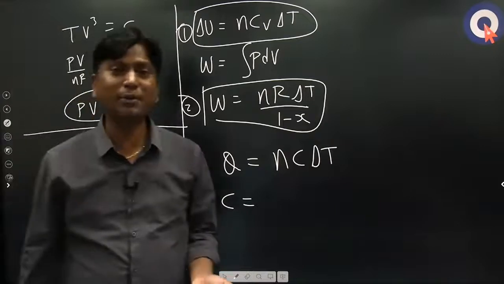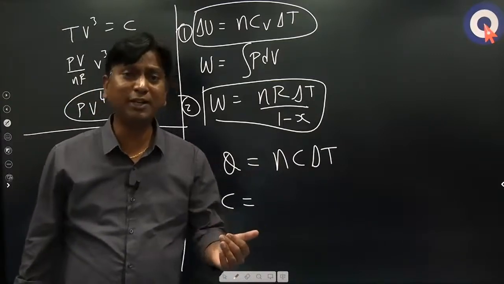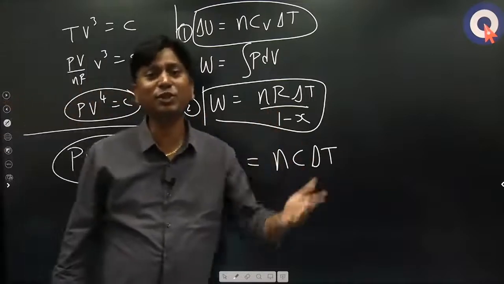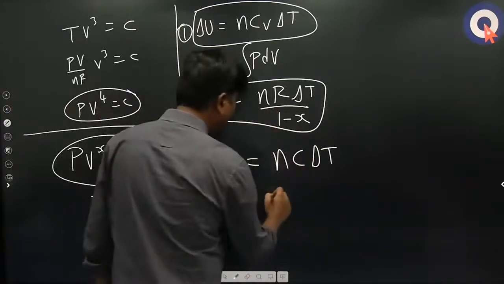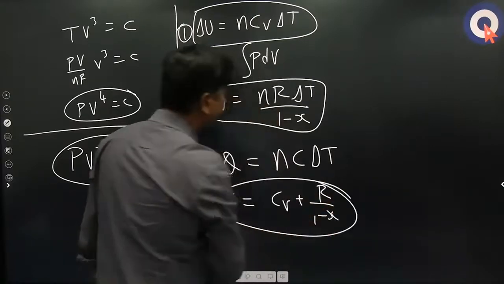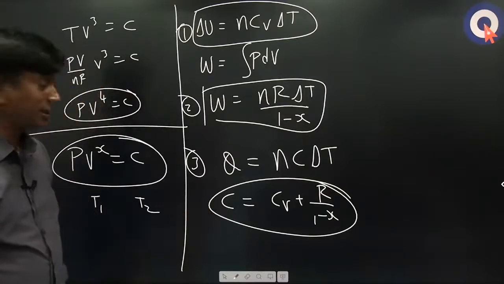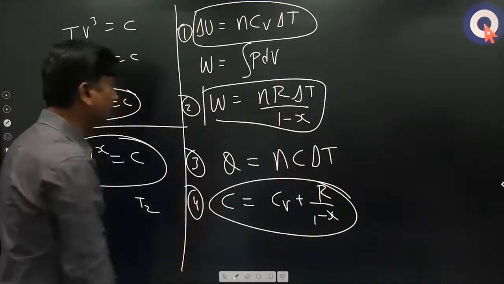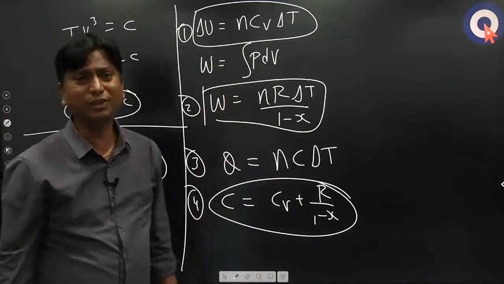Even for a monoatomic gas, the molar specific heat depends on the process in which you are supplying the heat. So C is always equal to Cv plus R by 1 minus x. This is the molar specific heat in that particular process. This is the fourth formula. If you can work out these four, you can easily solve most of the problems.